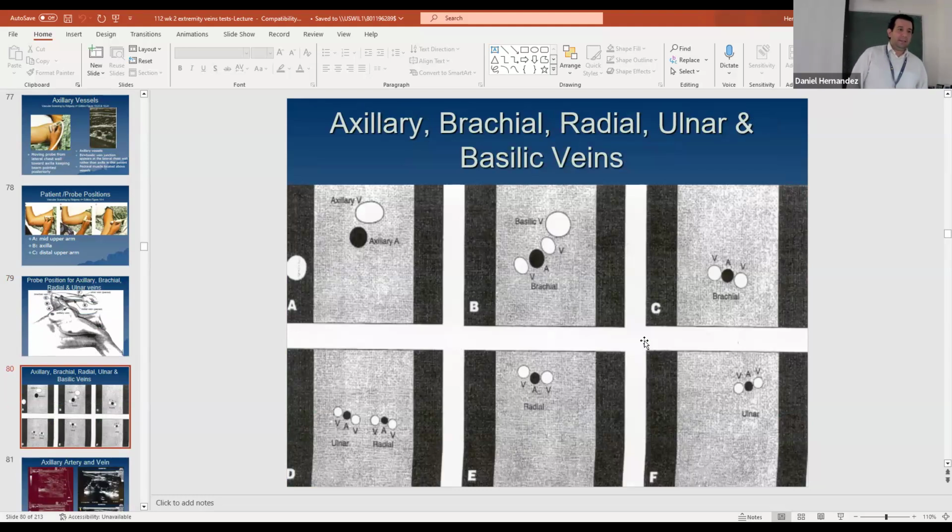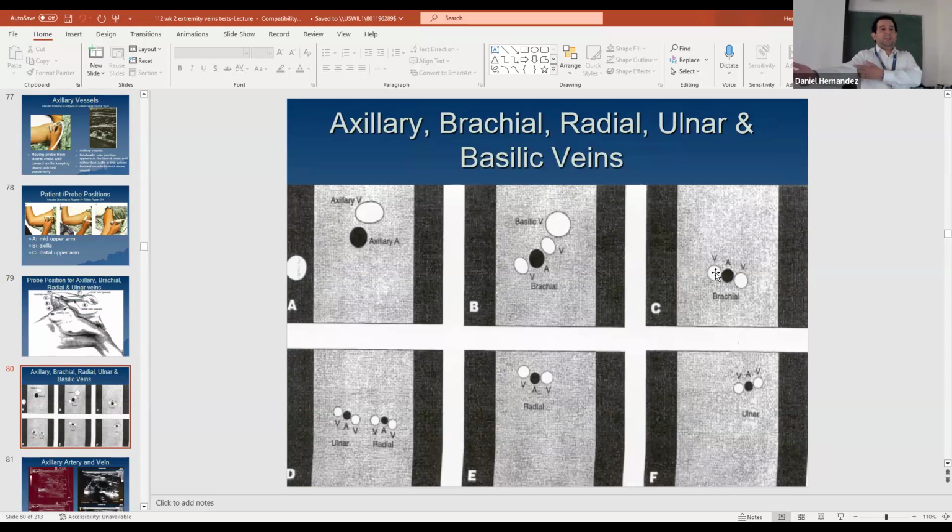With the axillary, it should just be one artery, one vein. Once we move down into the upper arm, we see our brachial artery with the two paired brachial veins, a vein on either side. The basilic, its best friend, hangs out by itself with no associated artery.